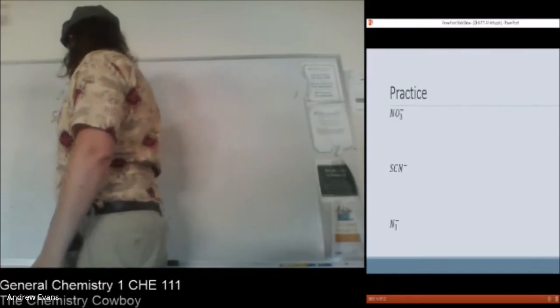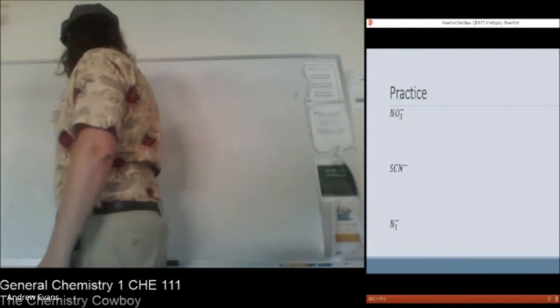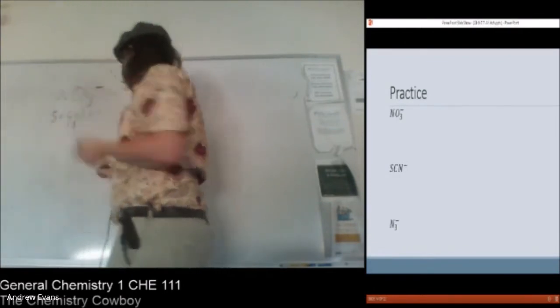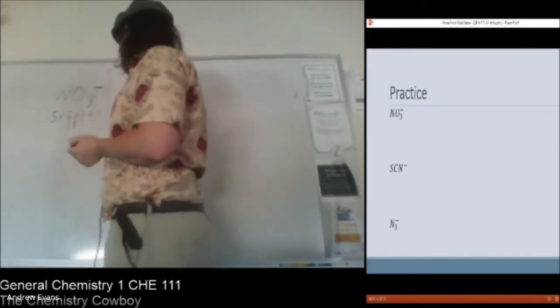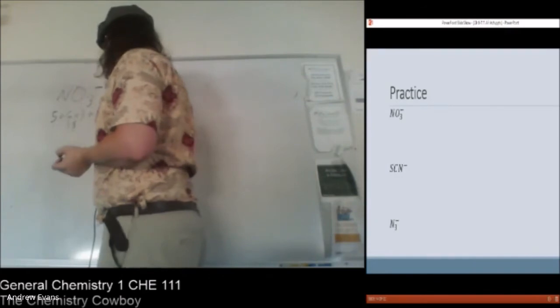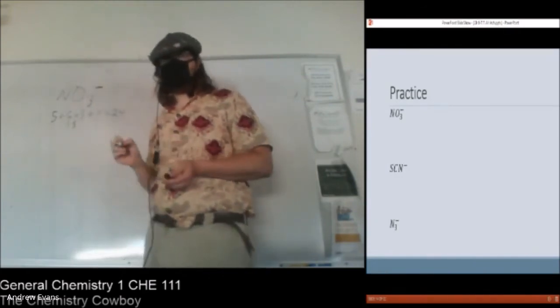There are 6 from each oxygen, and 6 times 3 is 18. And we have 1 from the charge. So what we have is 24 electrons. That is the same.